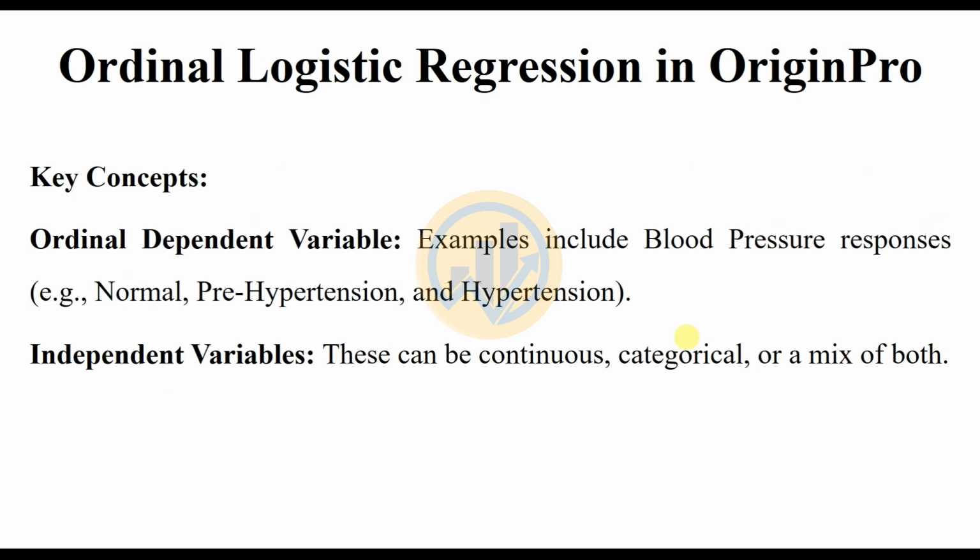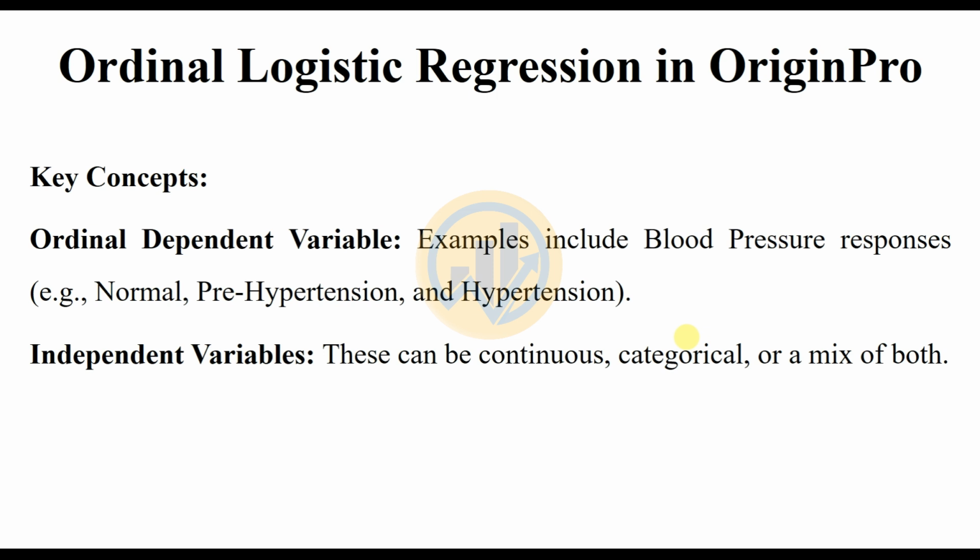The key concept is the ordinal dependent variable. Examples include blood pressure response, in order: normal, prehypertension and hypertension. The independent variables can be continuous, categorical or a mix of both.